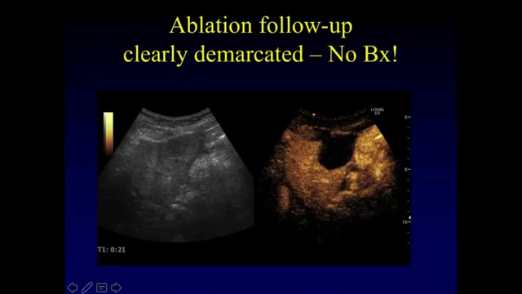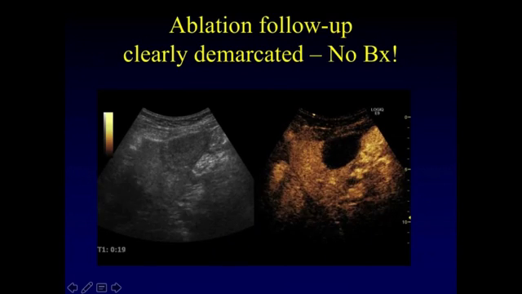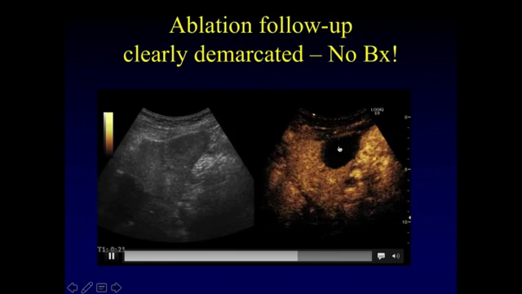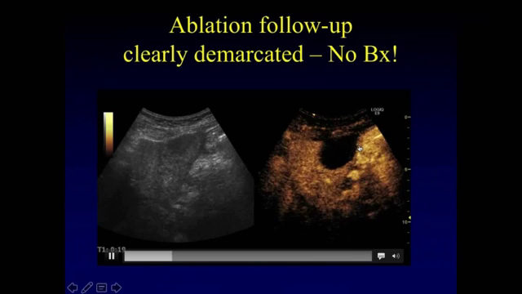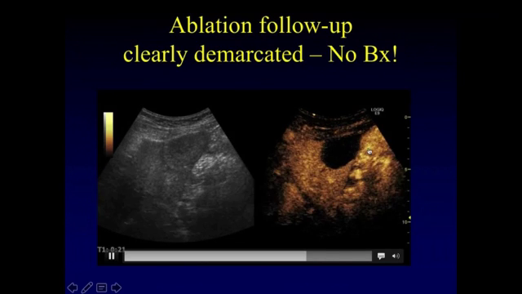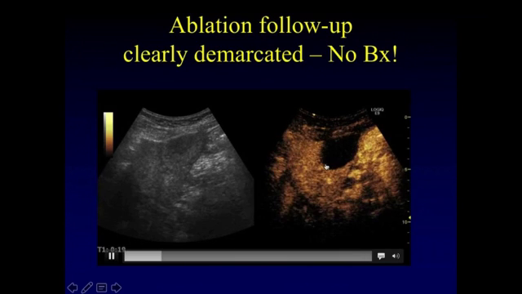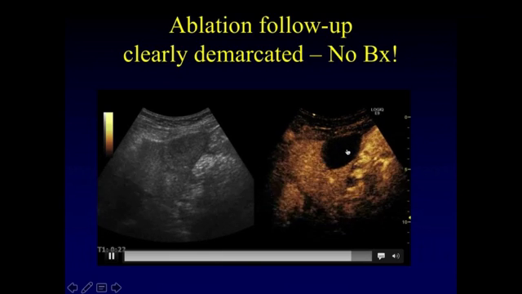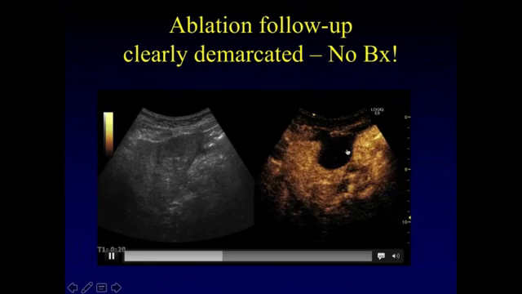For the follow-up, CEUS is a must. Whenever you have a follow-up of ablation in your ultrasound lab, you should use CEUS, and if you see a very sharply demarcated ablation cavity, then you are satisfied.